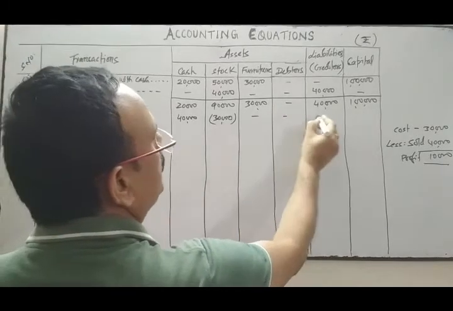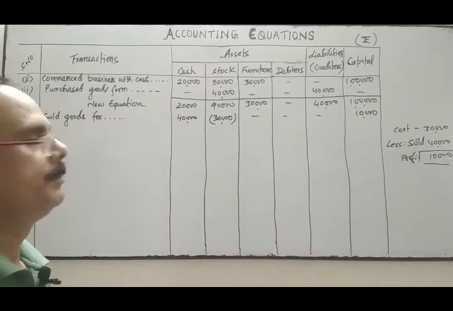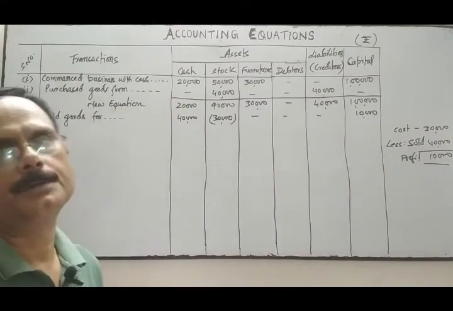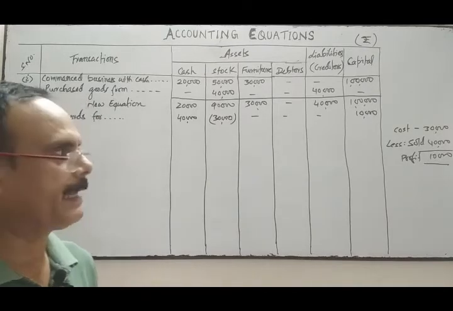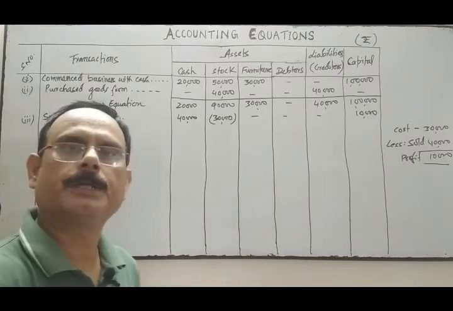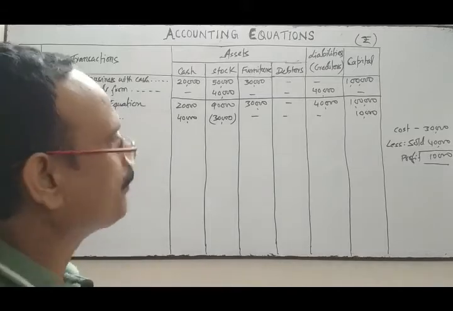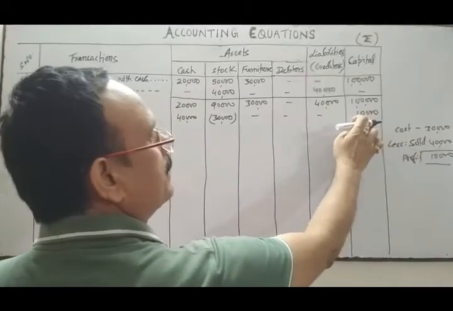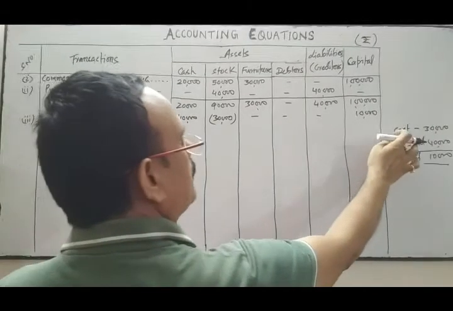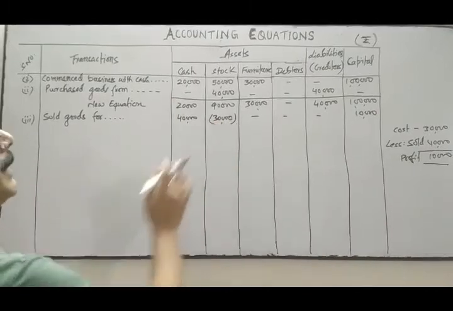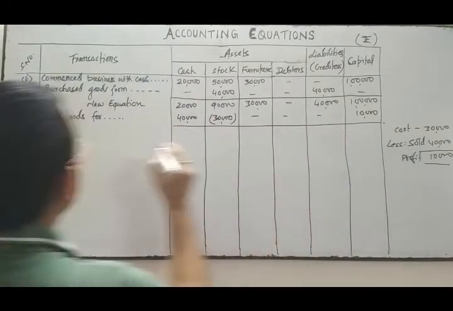And the profit, we will add to capital because the proprietor has a right to take the profit. Nobody has the right to take the profit except the owner, and the capital represents the proprietor. So this profit will transfer to capital. The goods sold 40,000 will be in the cash, and cost 30,000 will be deducted from the stock. Okay.